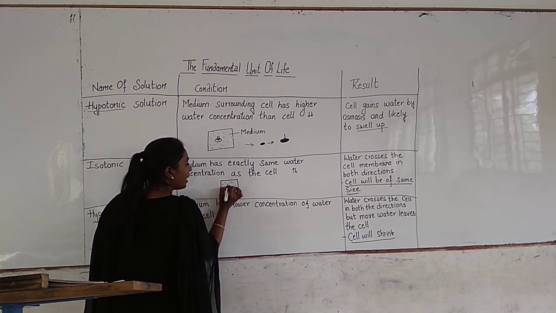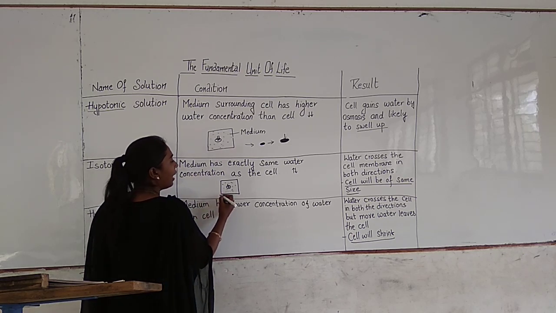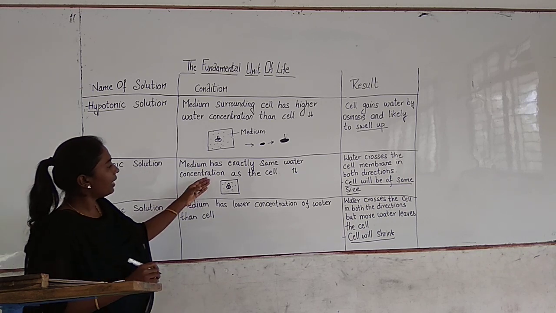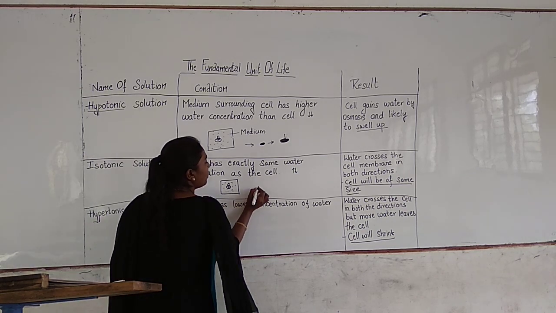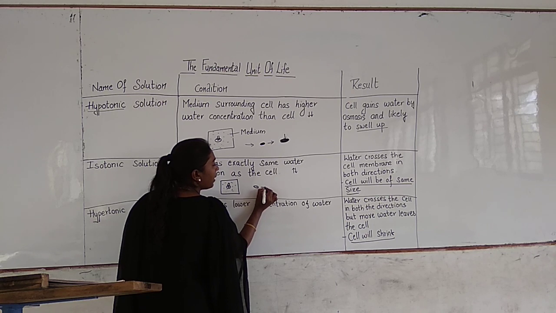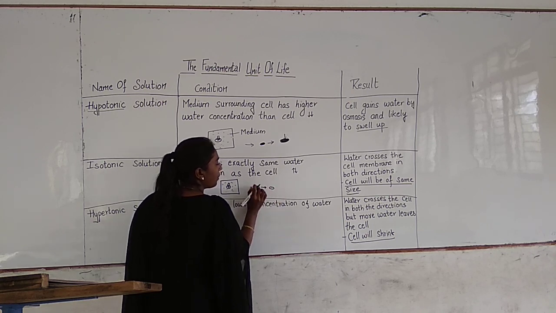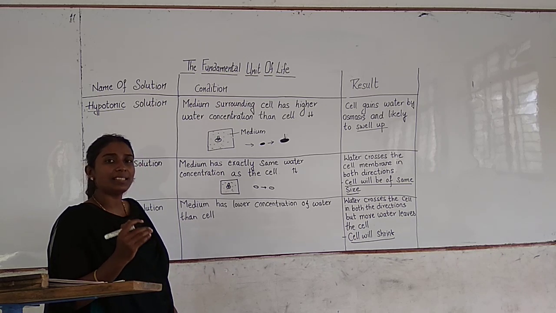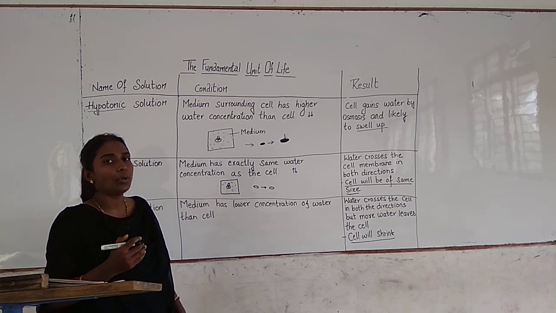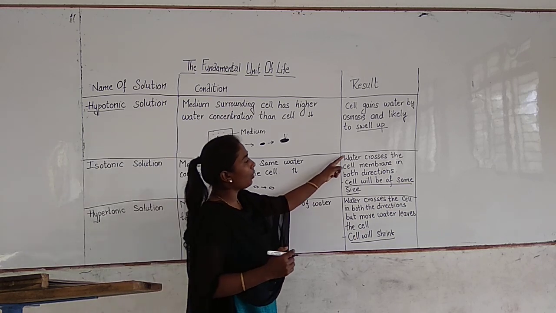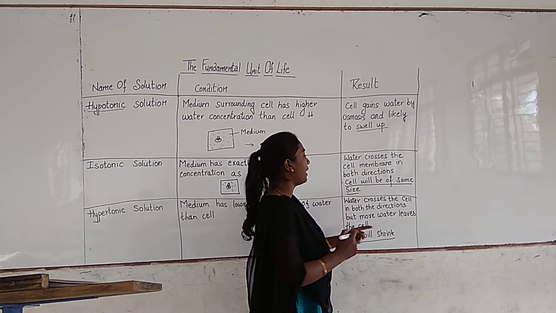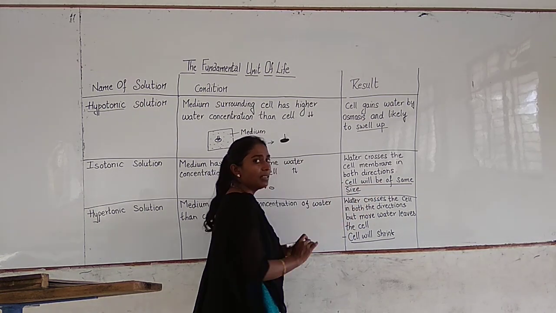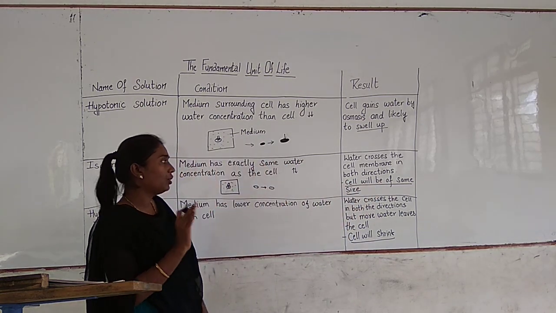Here, the water which enters and the water which goes out is the same. So in such cases, the size of the cell will remain the same because the net flow of molecules is equal. Outgoing is equal to incoming. The water crosses the cell membrane in both directions, going out and coming in, so the size of the cell will not change.